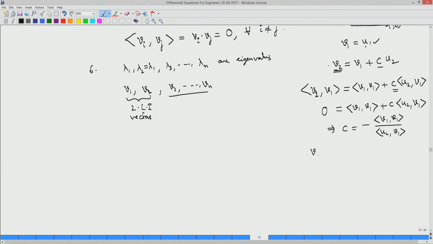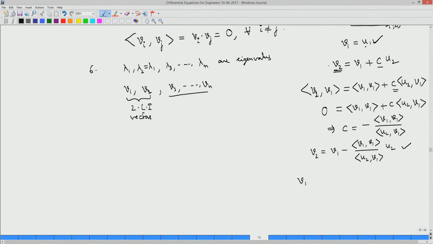With this choice of C, my V2 is V1 minus V1 V1 by U2 V1 into U2. You see that V1 and V2 are orthogonal to each other.